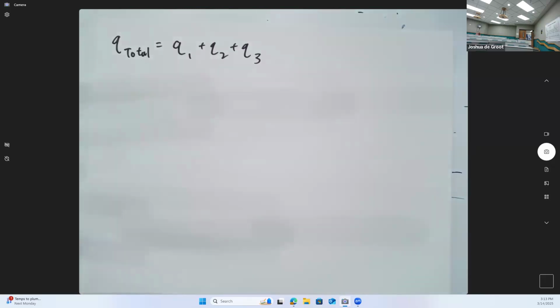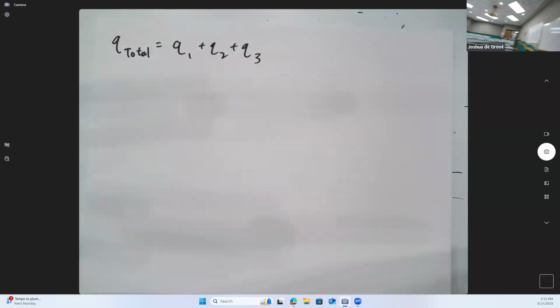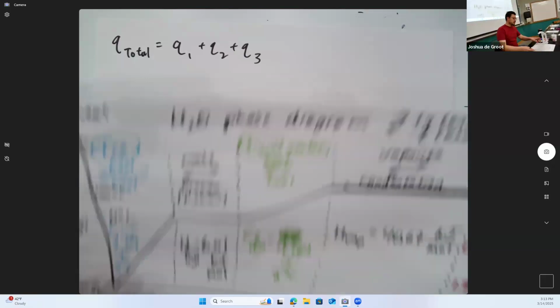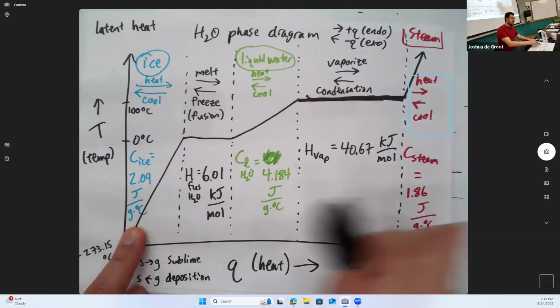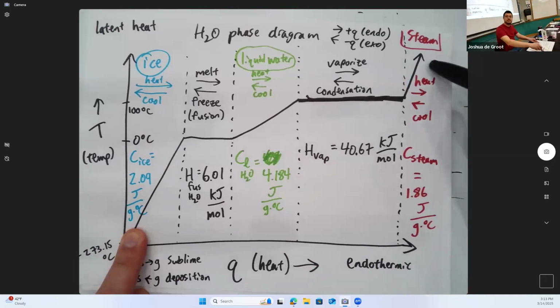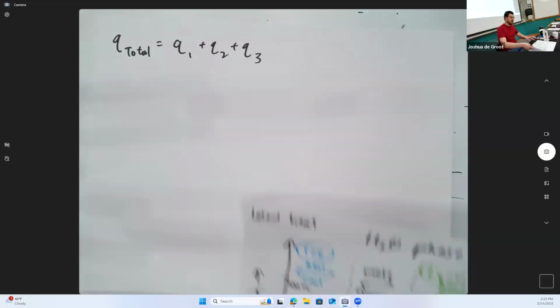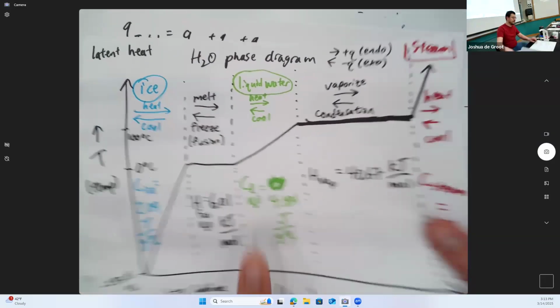We didn't do it today, but we had a hypothetical silly problem of going from ice all the way through steam. You would have 5 calculations. But we just stayed 1, 2, 3.